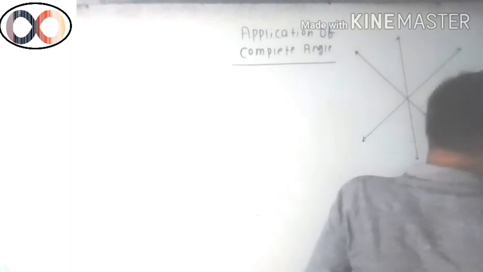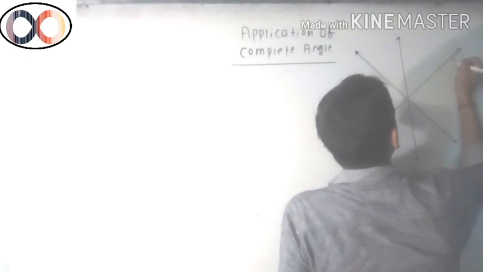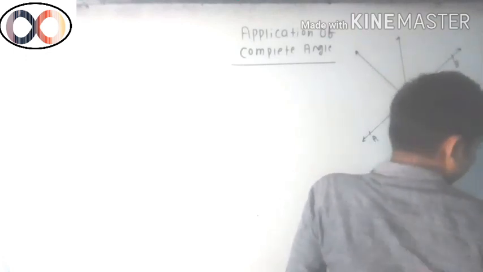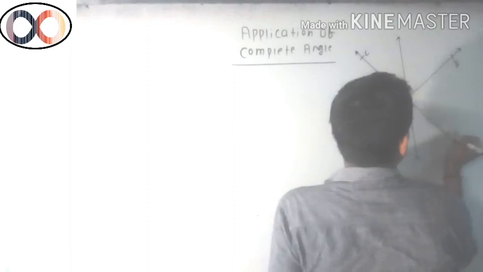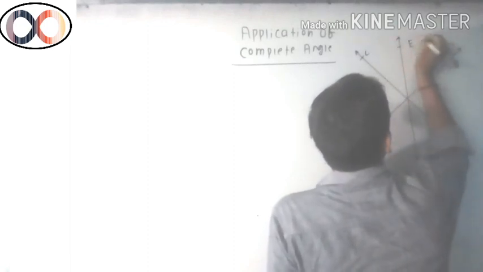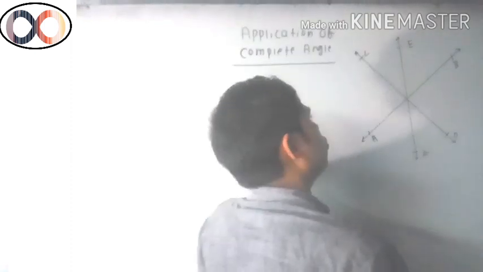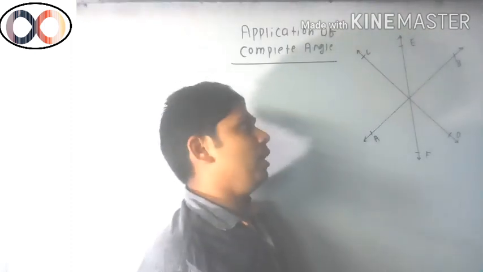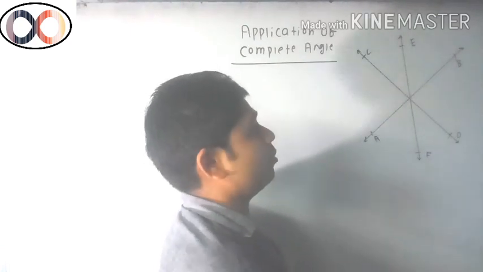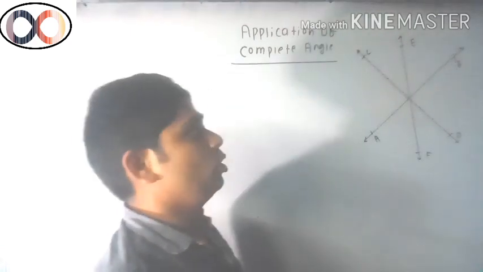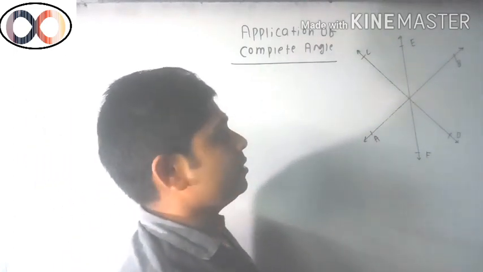Suppose here is A, here is B, here is C, here is D, here is E, and here is F. These are coplanar lines because all the lines lie in the same plane. Coplanar lines are those lines which lie in the same plane.